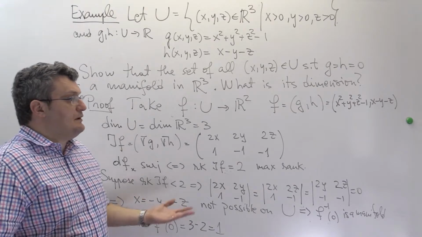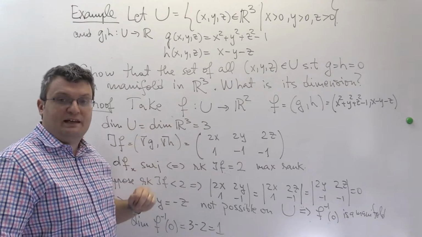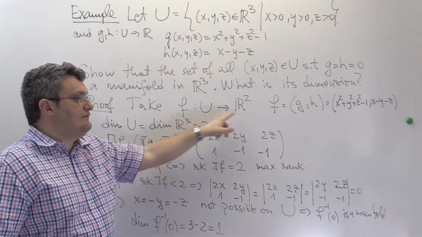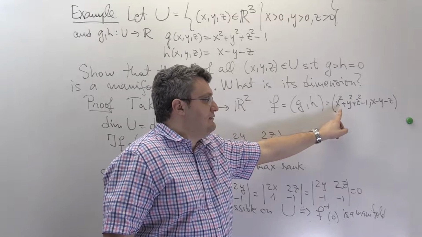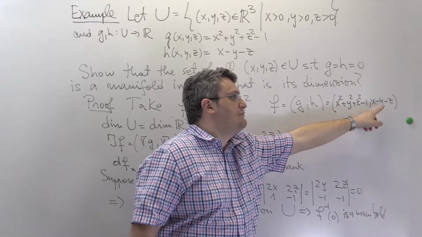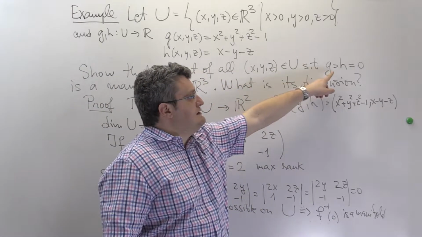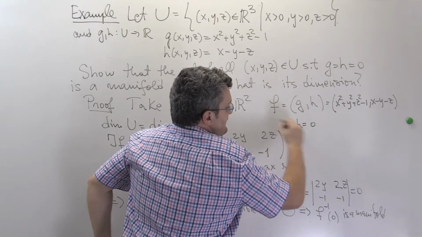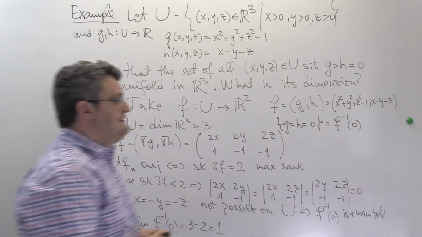So this is a problem that asks you to prove that something is a submersion. If we take f defined on U with values in R^2, f = (g, h), being the functions x^2 + y^2 + z^2 - 1 and x - y - z, then the manifold g = h = 0 is actually the same as f^-1(0).